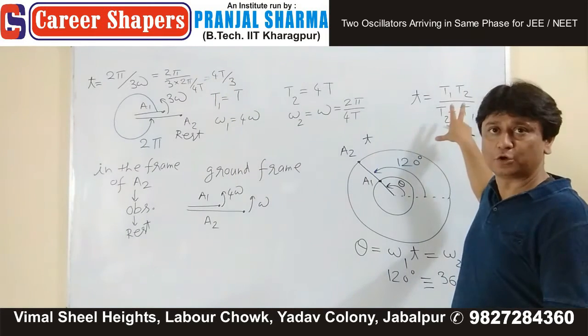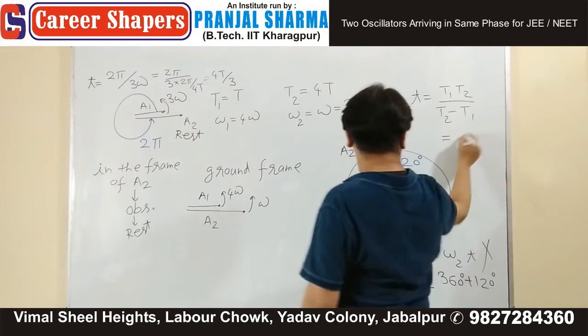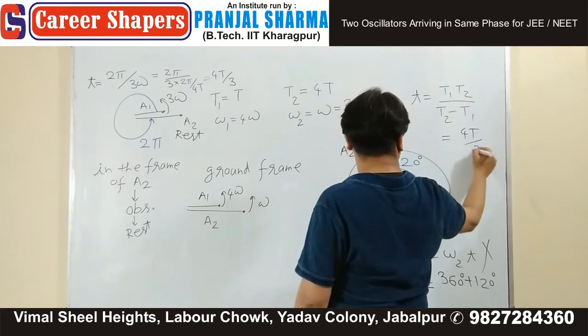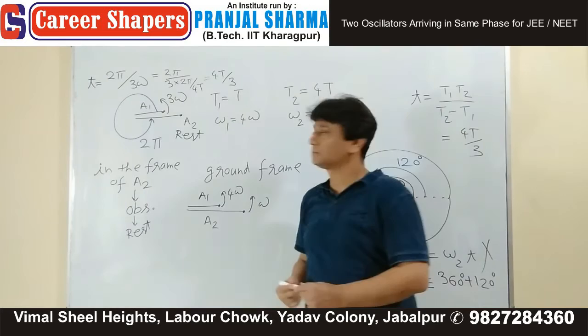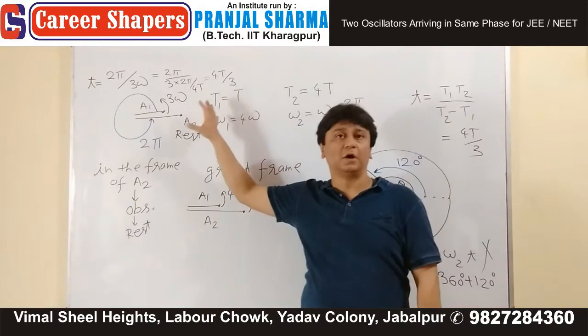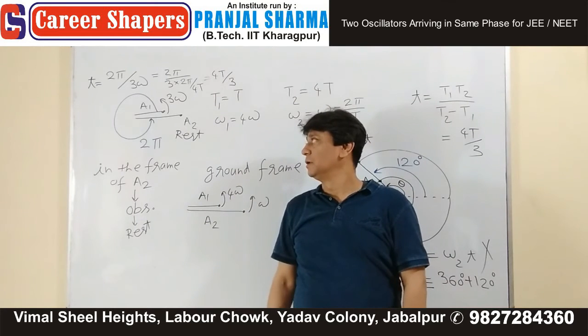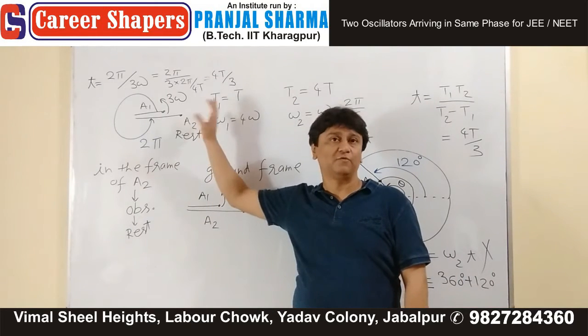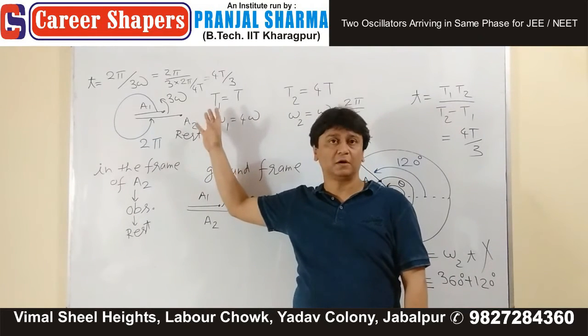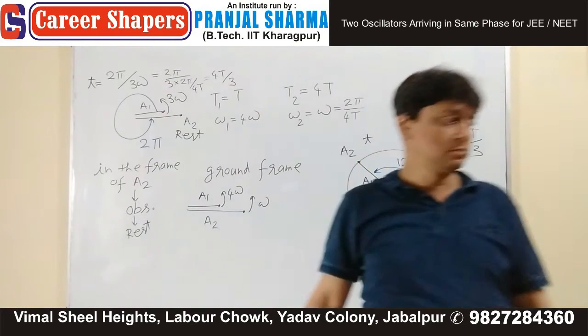Same answer which you got from this, which was also giving us 4t divided by 3. This is your relative velocity approach. Are you comfortable with this second method, the relative approach, yes or no?